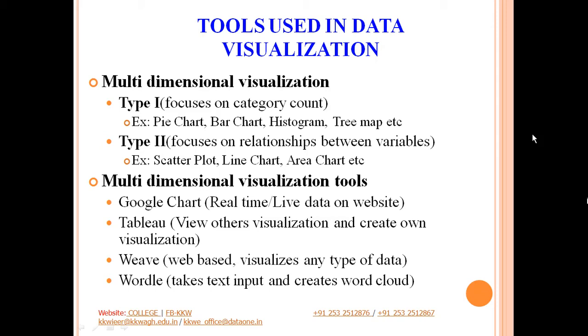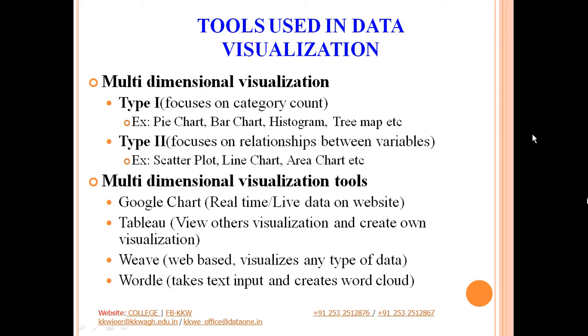The second set is multidimensional visualization tools. Here we are going to discuss some of the free, that is open source, as well as commercial visualization tools. On the slide you can see 4 of them listed, but we will discuss many more in the subsequent slides.